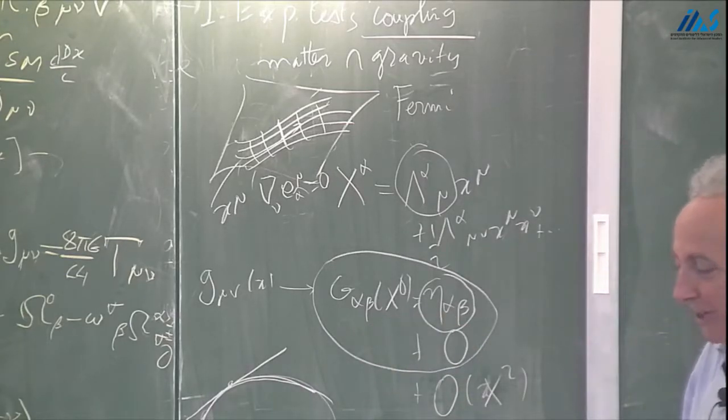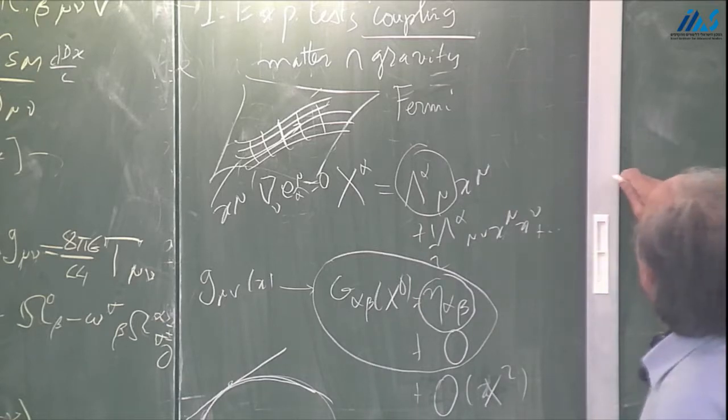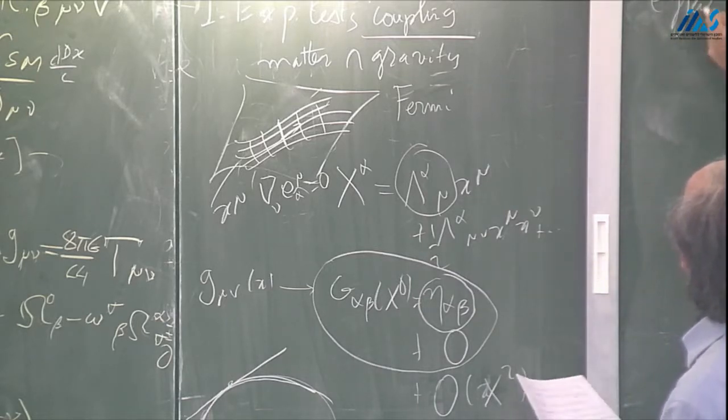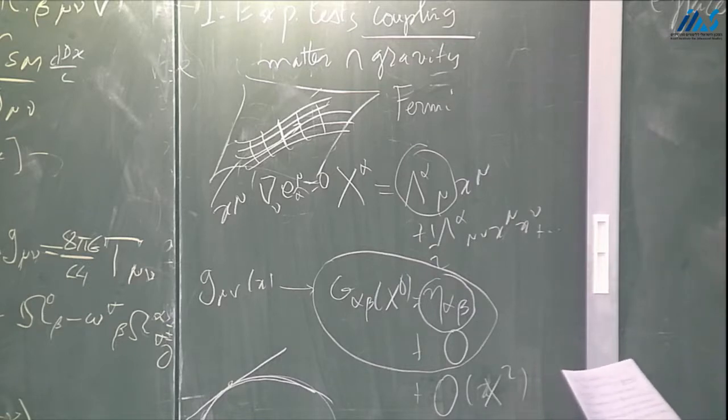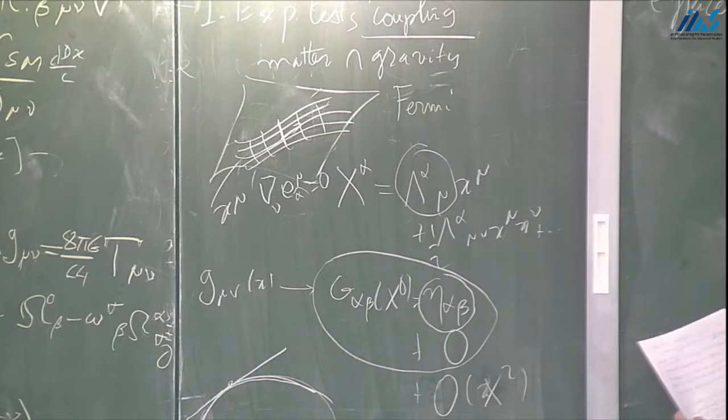And this has immediate consequences. So it's called the property of effacement. It's also called the equivalence principle, but there are many meanings, so let's call it effacement of external gravity around a world line.